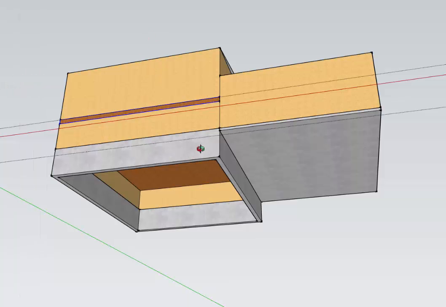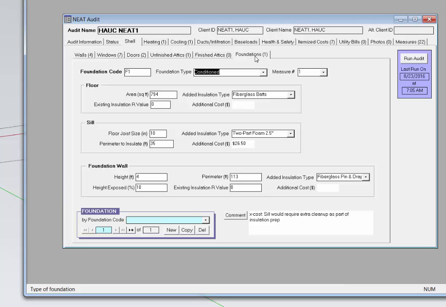With the split level, you need to remember that you are going to tell the audit about this masonry portion, and then you also need to tell the audit about this floor, and you're going to do both of those things on one foundation. So in this example, the total area of that ceiling in that basement area is 794 square feet.